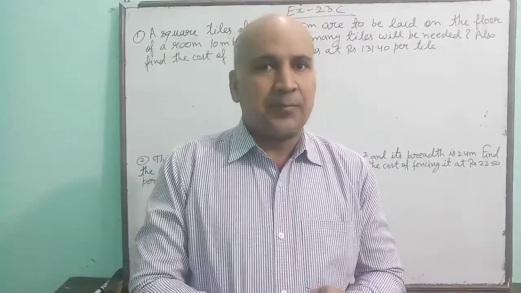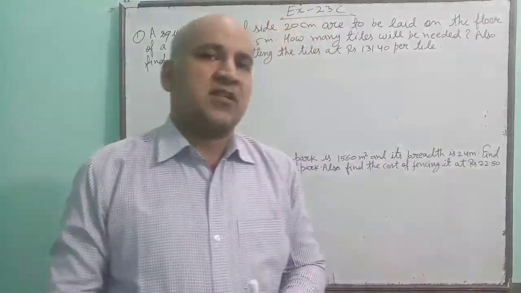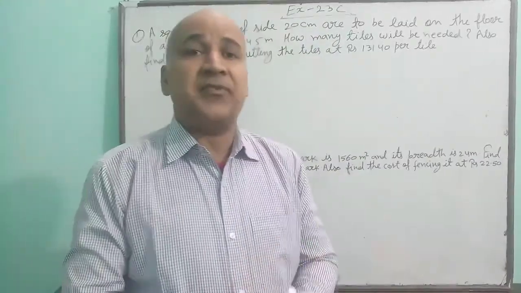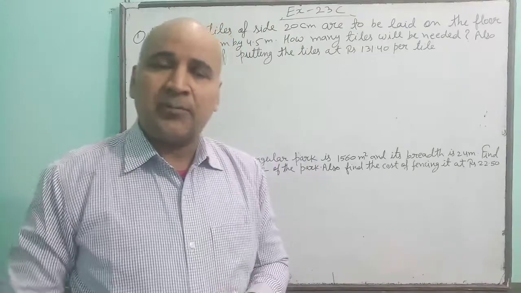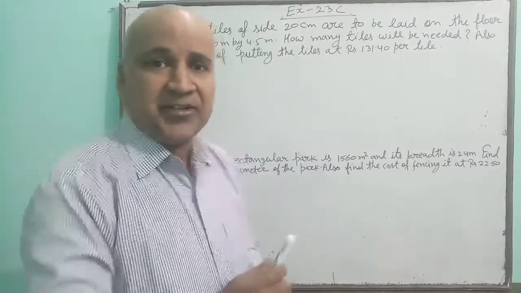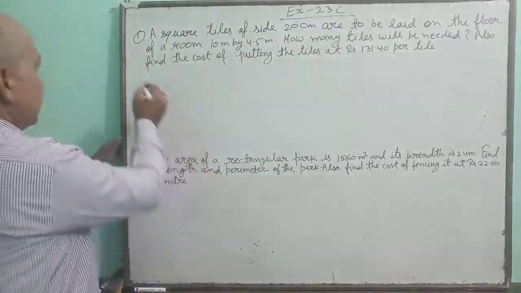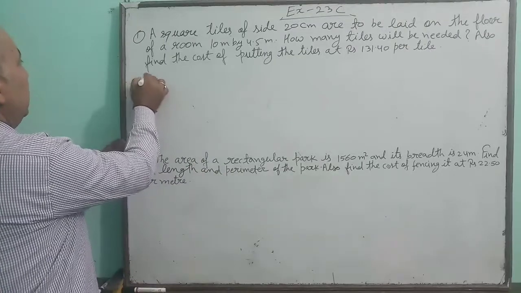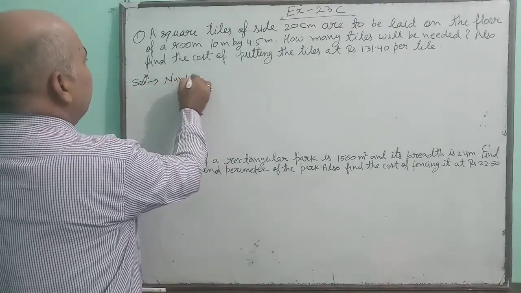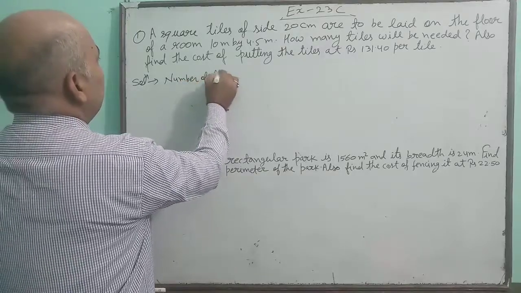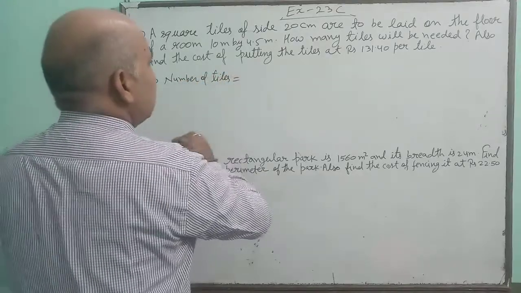This is the concept. In such types of questions, if you have to find the number of tiles, the area of the floor will be divided by the area of one tile. Understood? So see how to solve. You have to find the number of tiles. So what is the concept here?